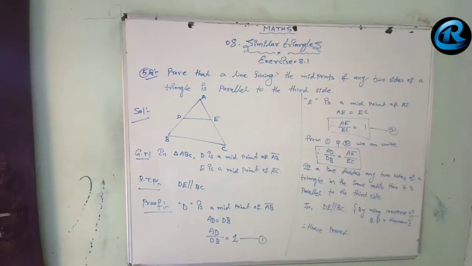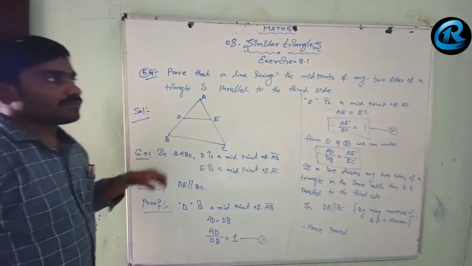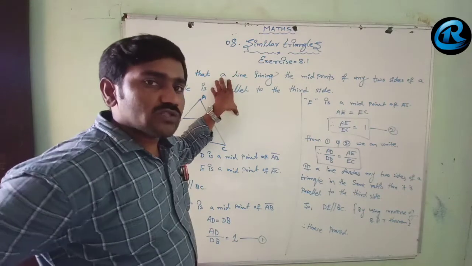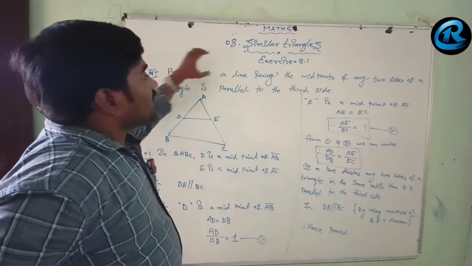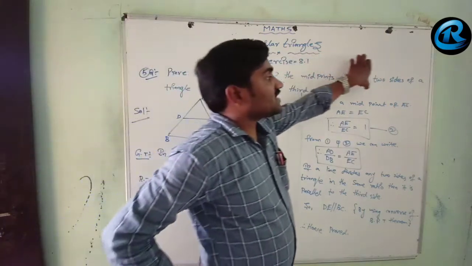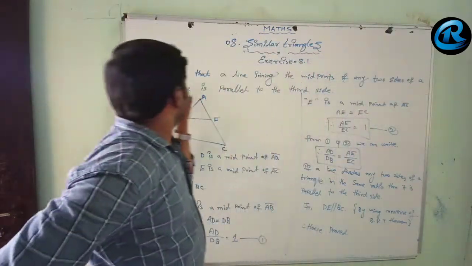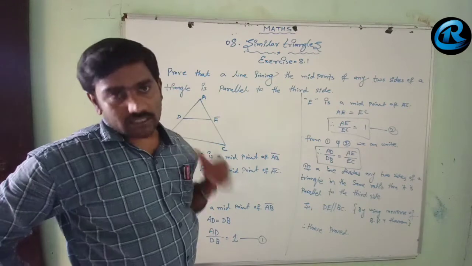Now we go for question number 5. We have to prove this by using the Converse of BPT Theorem. Prove that a line joining the midpoints of any two sides of a triangle is parallel to the third side.